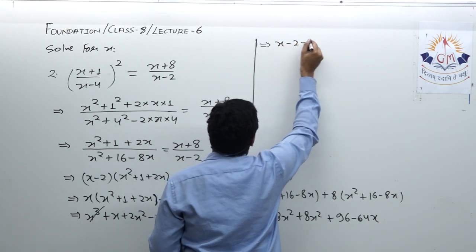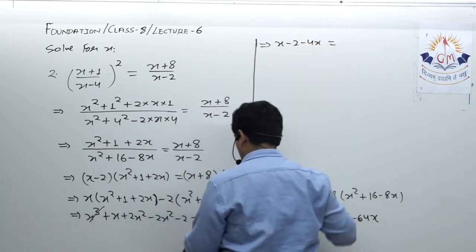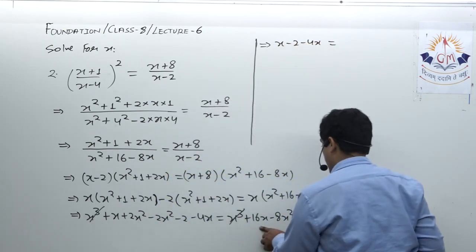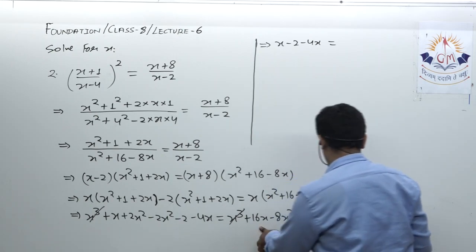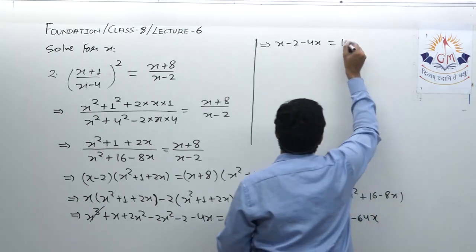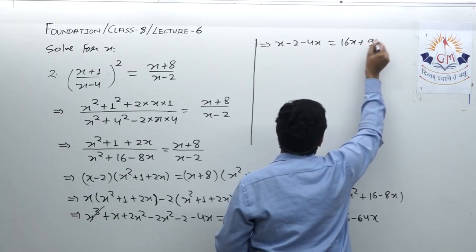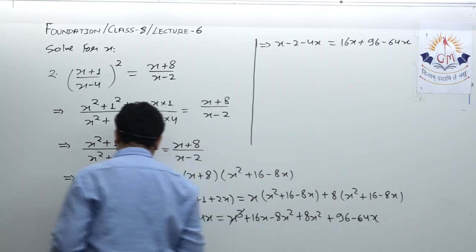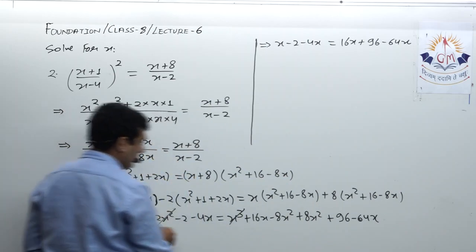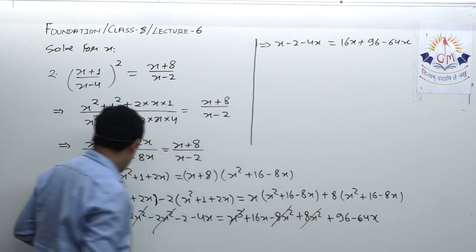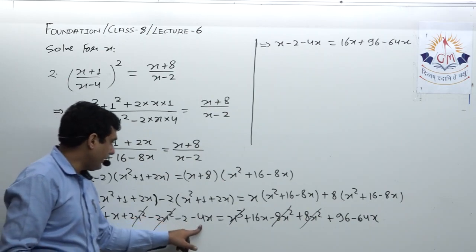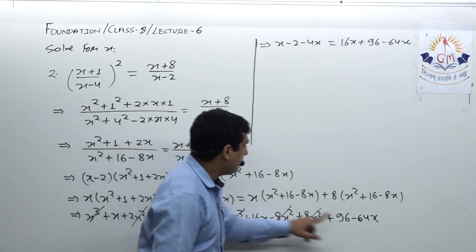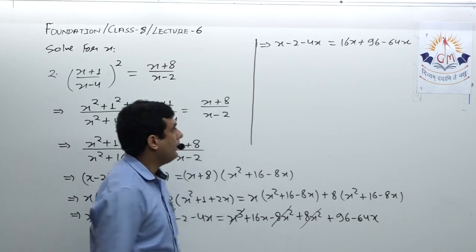x minus 2 minus 4x, and from the right hand side I am left with 16x plus 96, 16x plus 96 minus 64x. Okay, these two terms cancel out, so x minus 2 minus 4x, 16x plus 96 minus 64x.